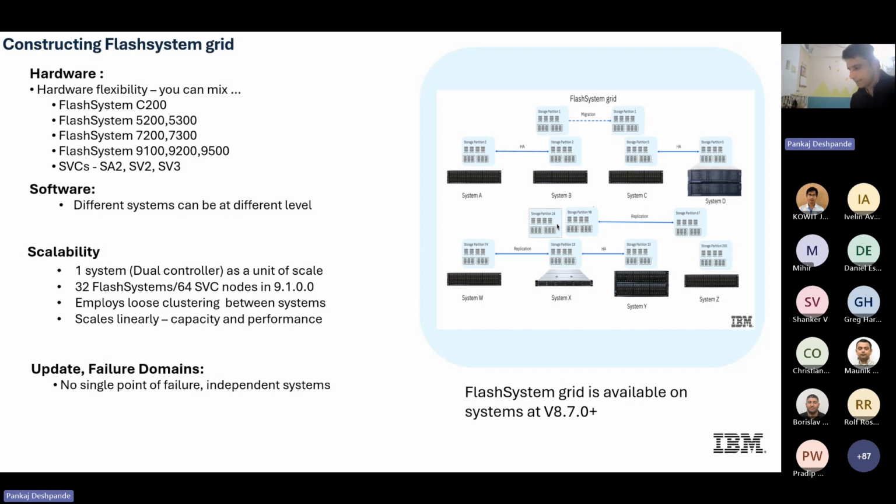That also gives an opportunity that, rather than big bang storage refreshes, the grid allows incremental modernization. You could potentially do it incrementally because you can mix and match as you move on.